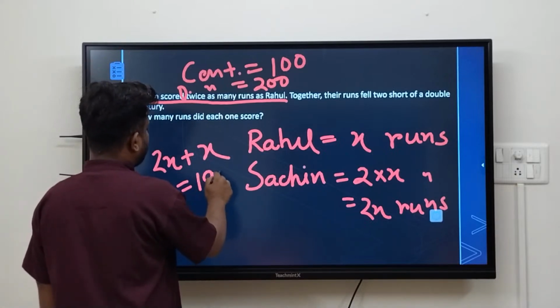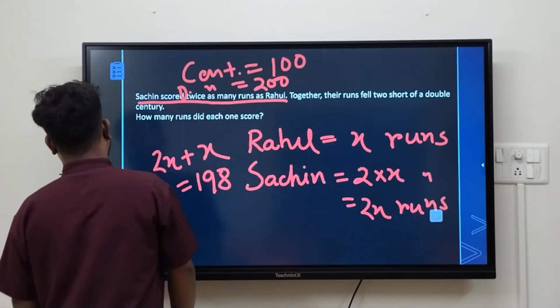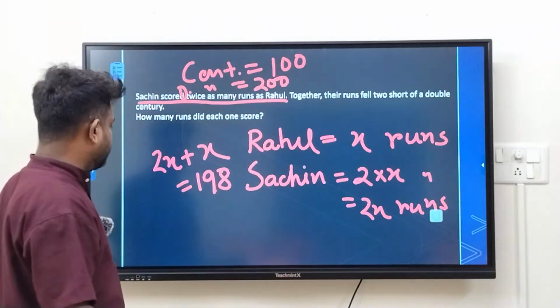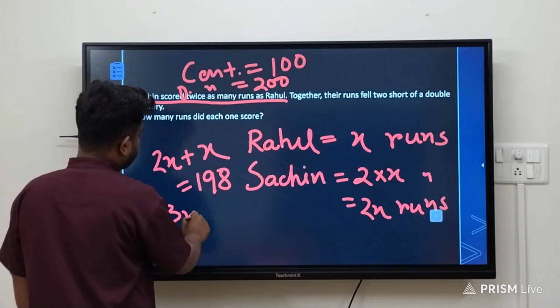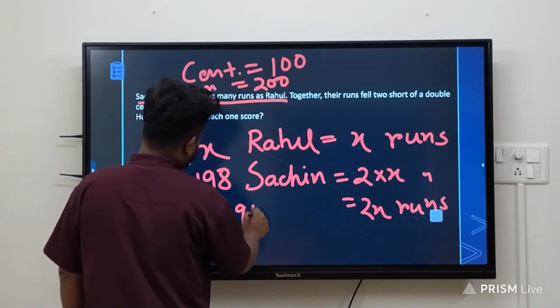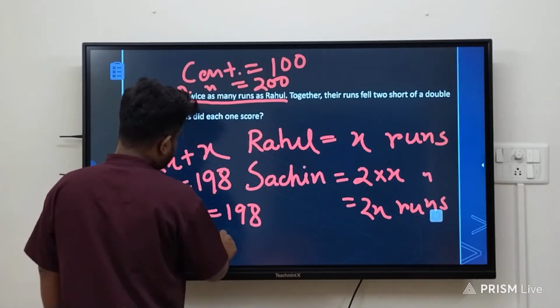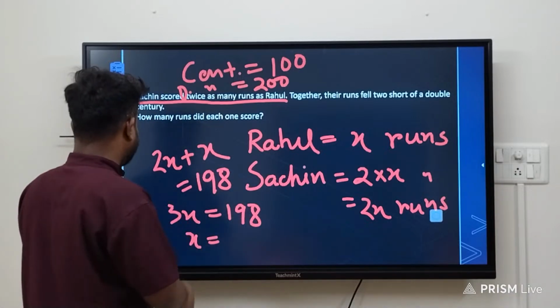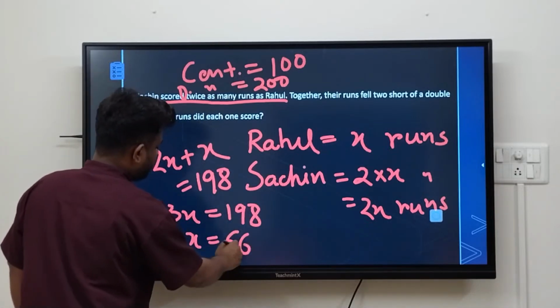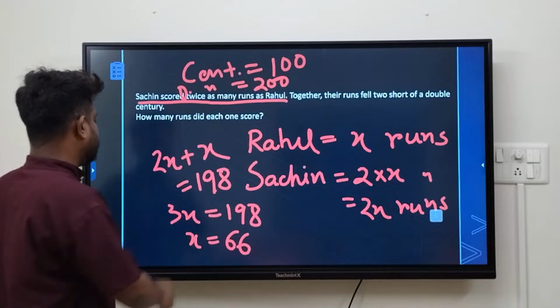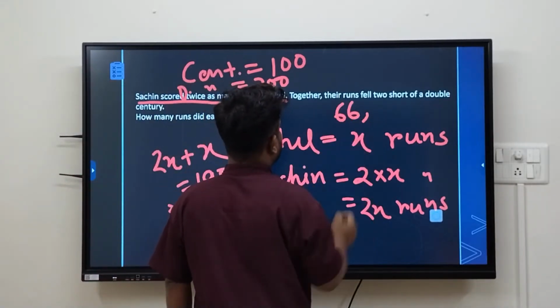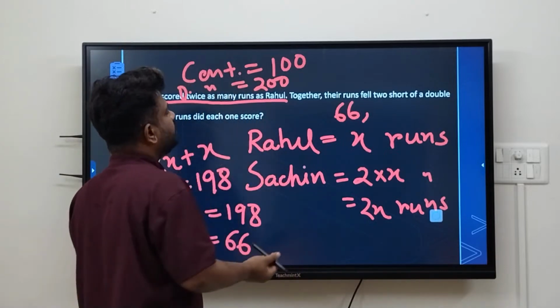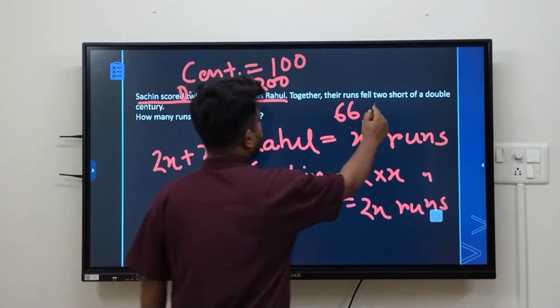So it will be 198 because 200 minus 2 gives us 198. So the equation will be 3x equals 198, where we can just solve this one. It will give us 66. So Rahul has scored 66 runs and Sachin has scored double that of Rahul. So the answer will be 132.